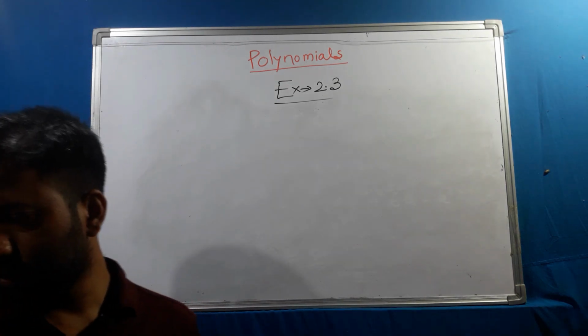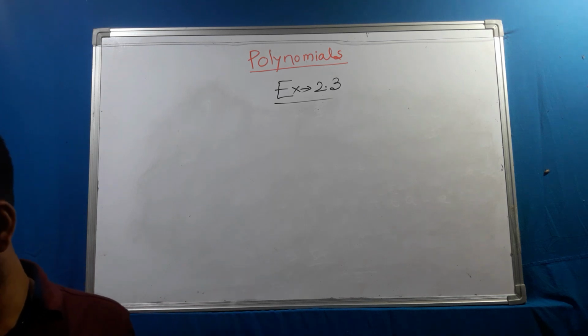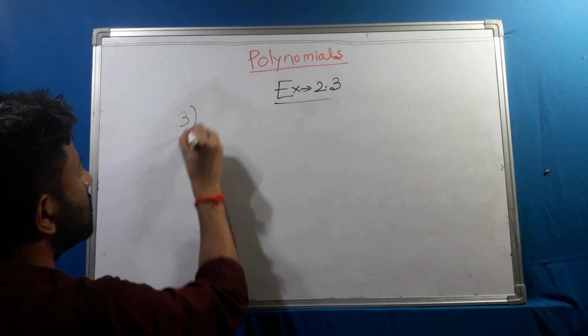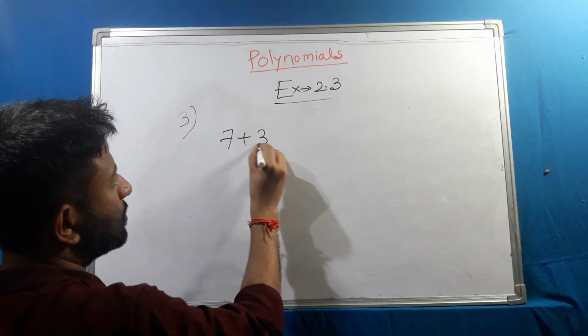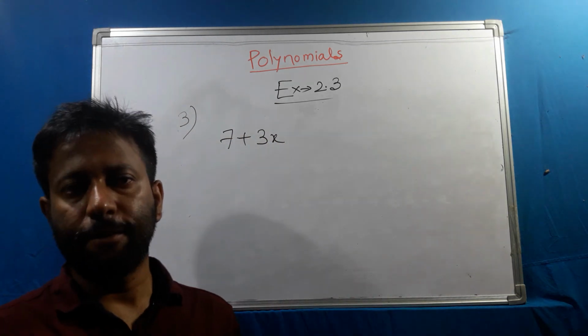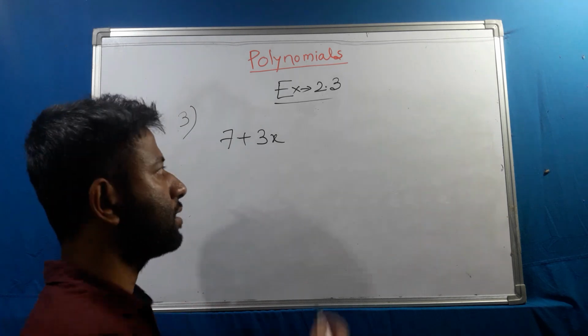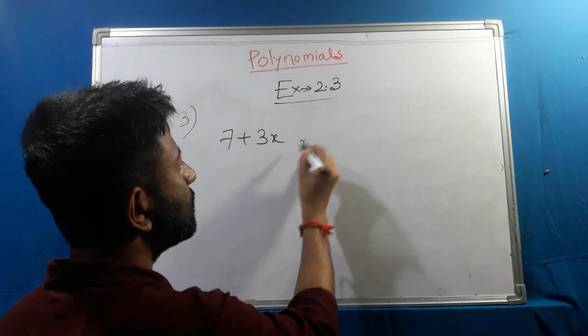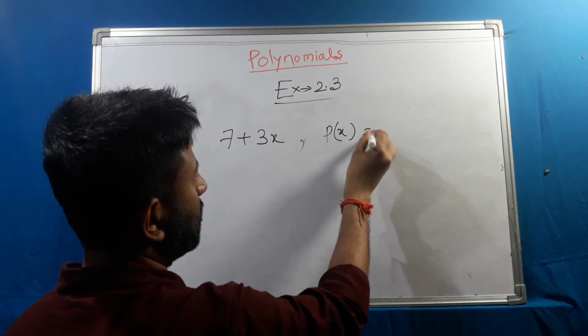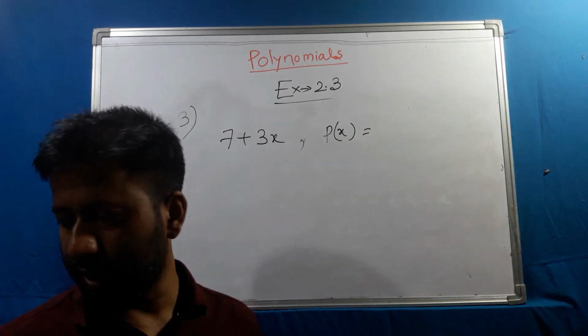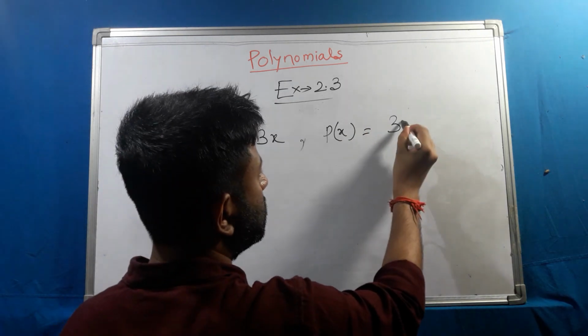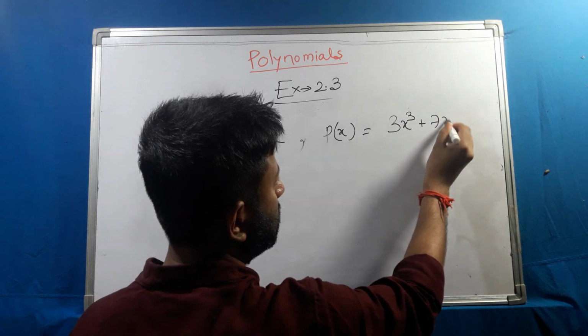So what is given? In question number 3, 7 plus 3x, I have to check whether it is my factor or not. For which function? The function is given as p, I can write it as 3x cubed plus 7x.